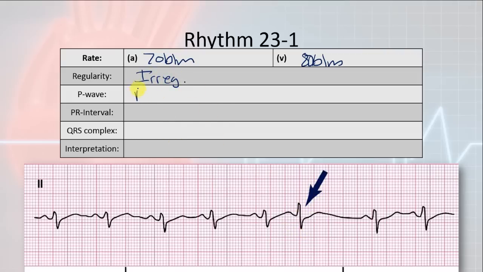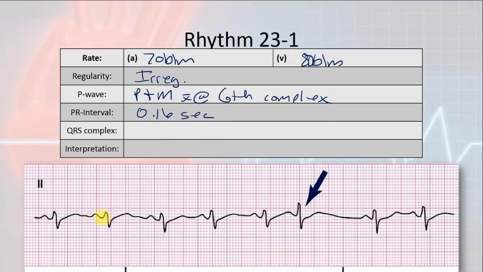P waves are present and married except at the sixth complex. PR intervals: if you look at the PR interval, it looks to be about 1, 2, 3, 4, so 0.16 second.